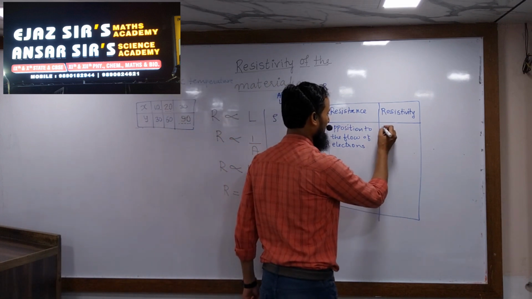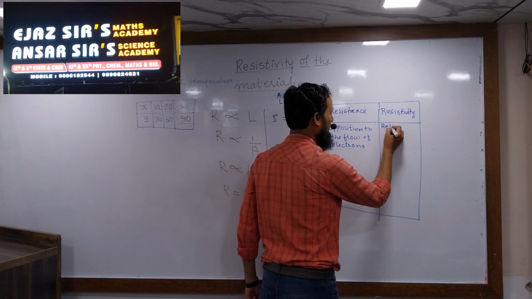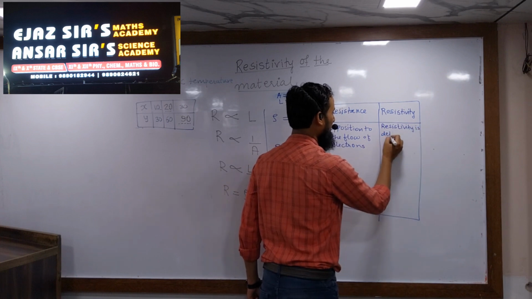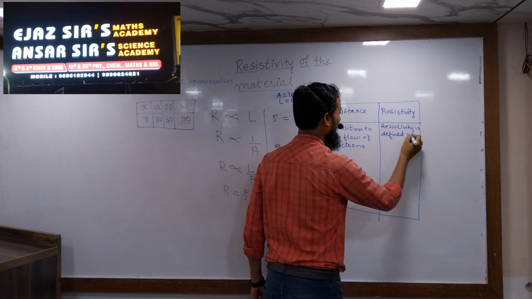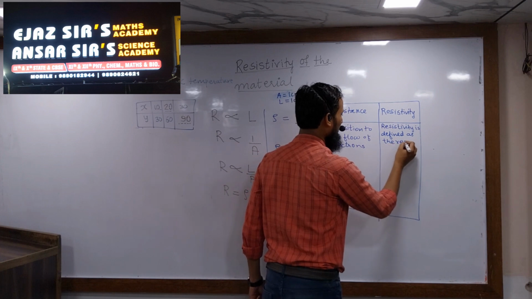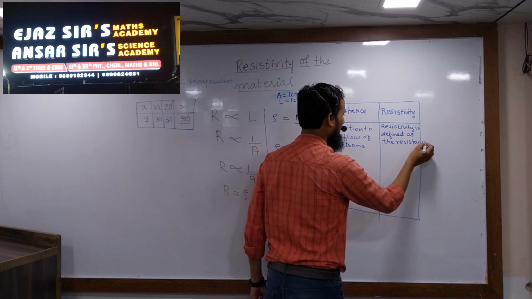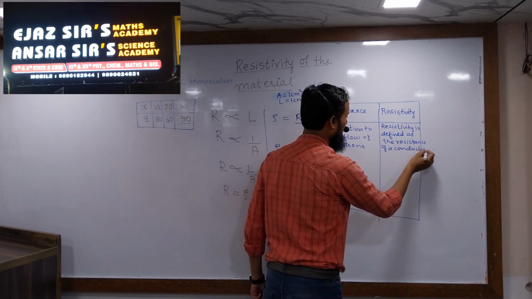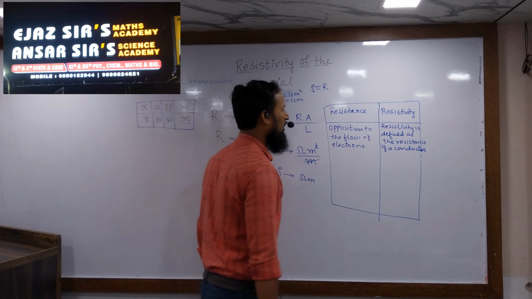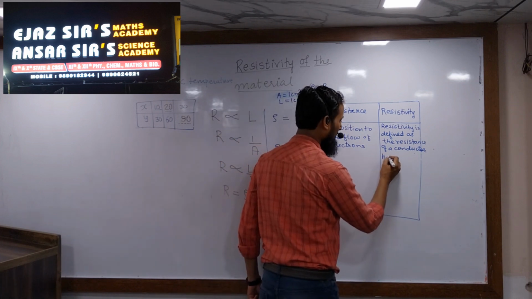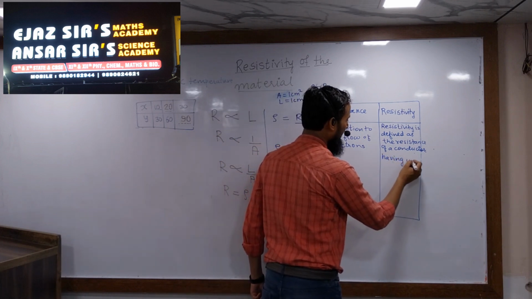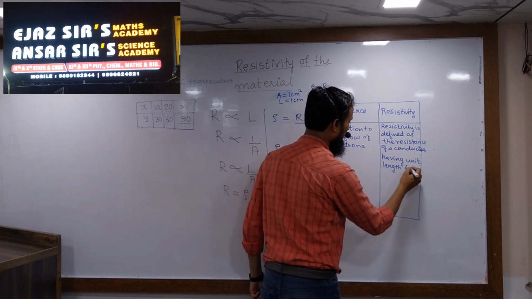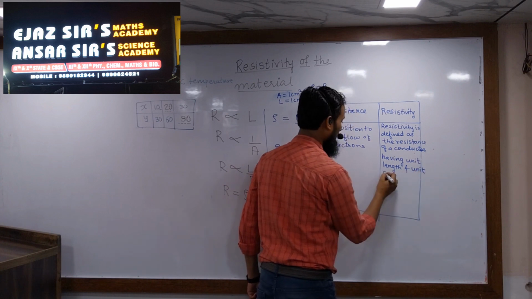And what is resistivity? Resistivity is defined as the resistance of a conductor having unit length and unit area of cross section.